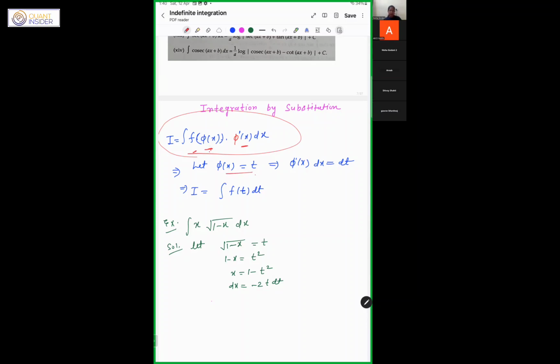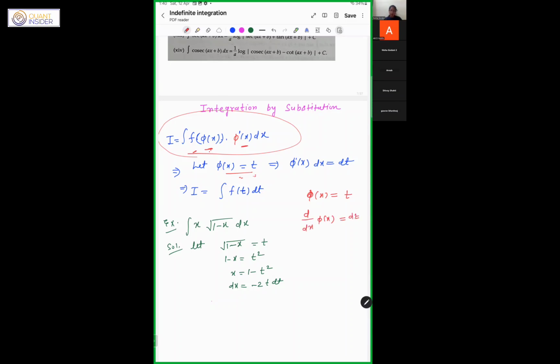then you differentiate both sides. When you differentiate f of phi x with respect to x, how will you differentiate? Because you have the equation phi x equal to t, now you differentiate this with respect to x on both sides.